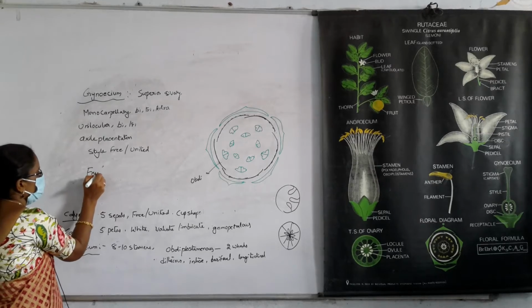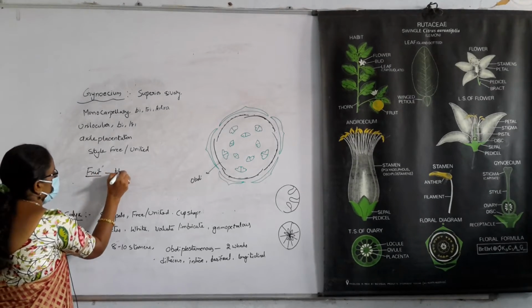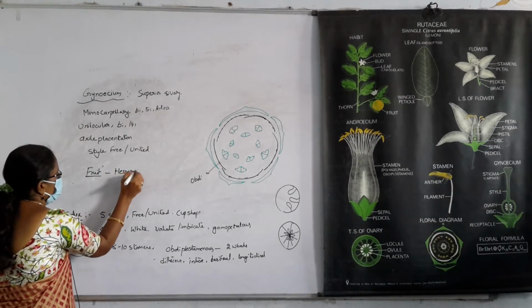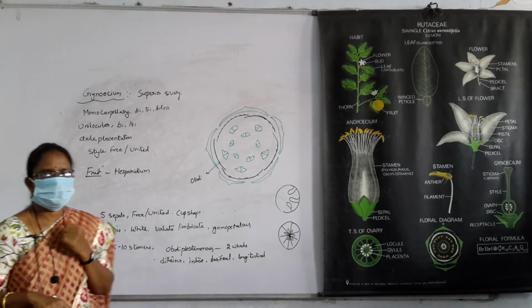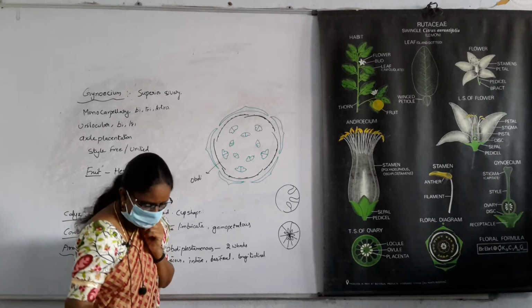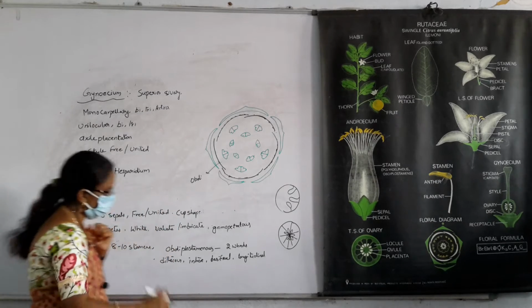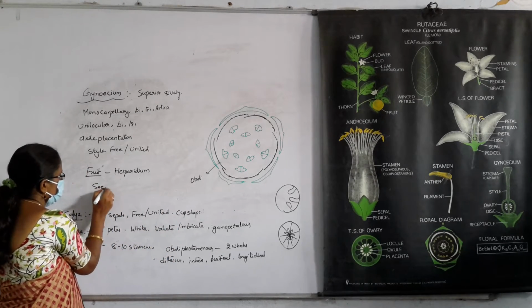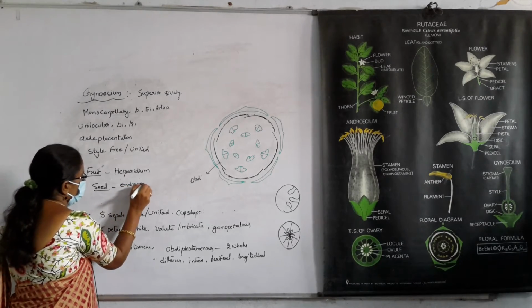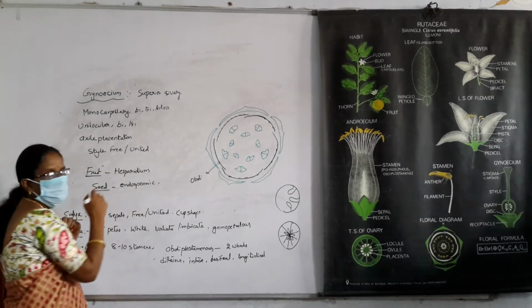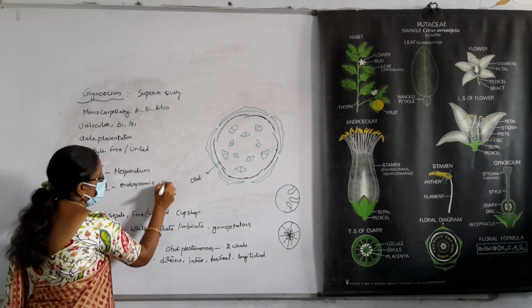The fruit is a hesperidium fruit, the pollination is entomophilous, and the seed is an endospermic seed. Normally polyembryony is present.